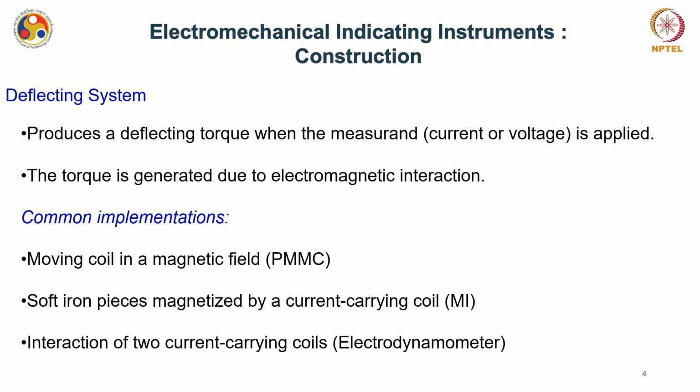Okay. The common implementation is done by, say, a moving coil in a magnetic field, or a movement of a soft iron piece which is magnetized by a current carrying coil in case of the moving iron instruments, as well as the interaction of two current carrying coils in the electrodynamometers.